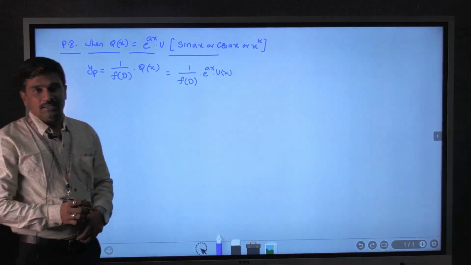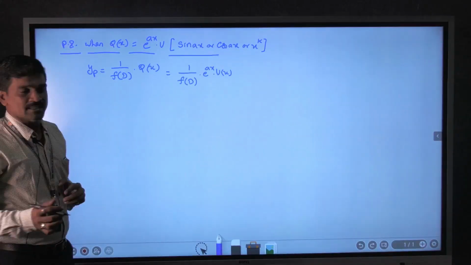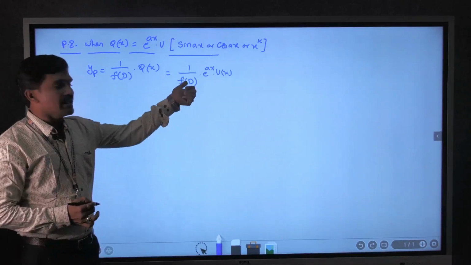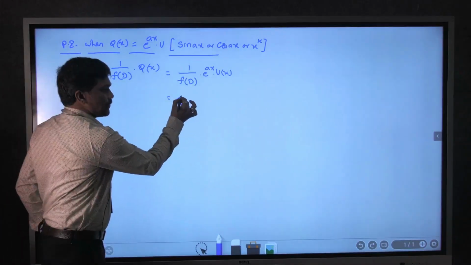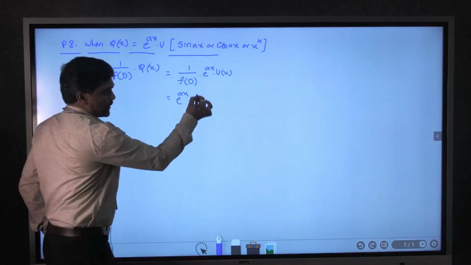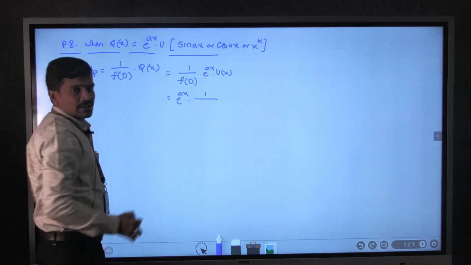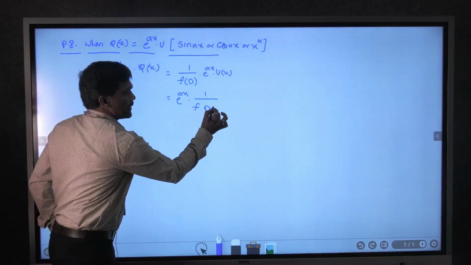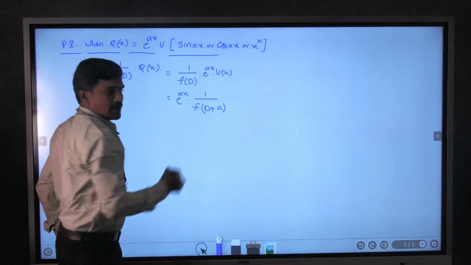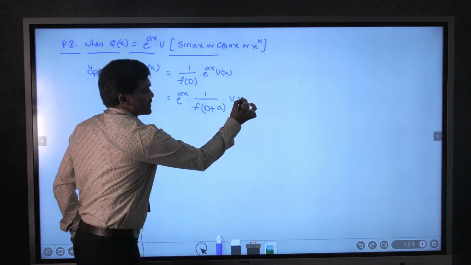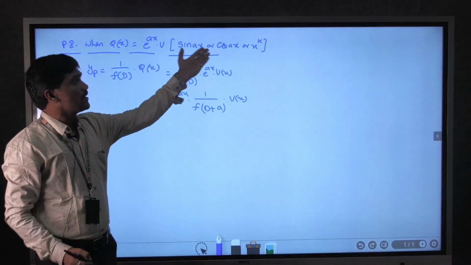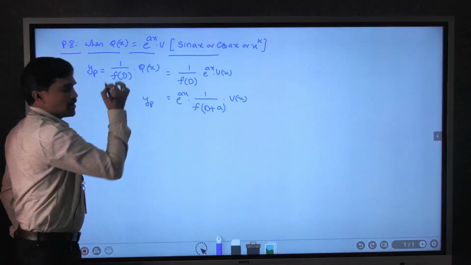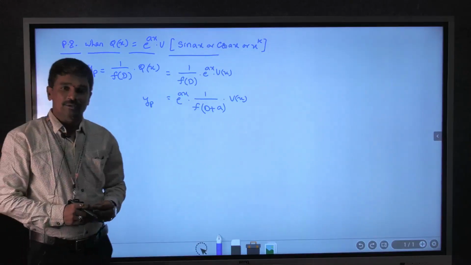Now in this case the particular integration can be written by just replacing D with D plus a. So first write e power ax, then replace D with D plus a in f of D. So we get 1 by f of D plus a into V of x, where V is sin or cos or x power k. Now this is the particular integration when Q is e power ax into V.